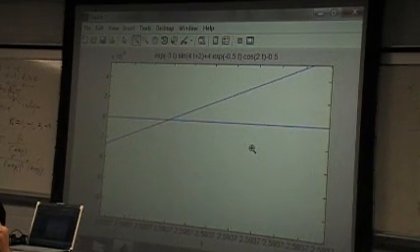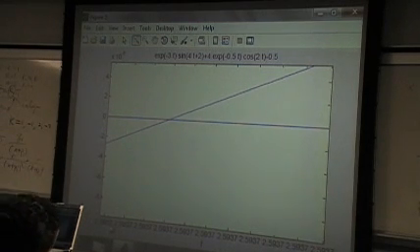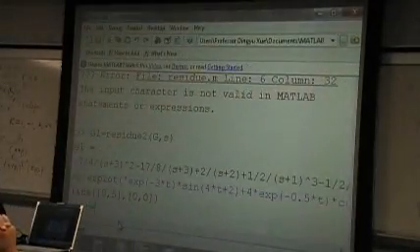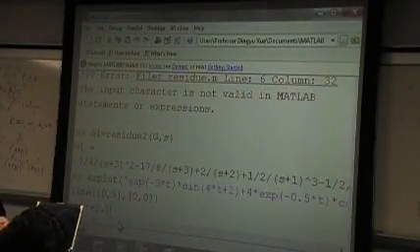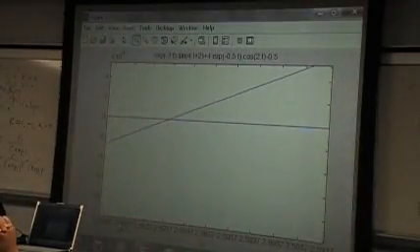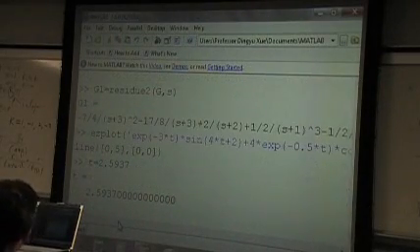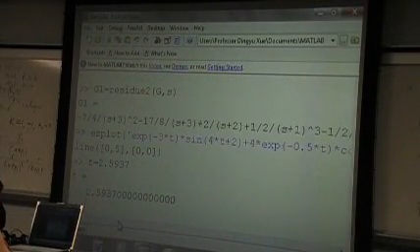Then we say that this point is the numerical solution to the original problem. So 2.5937. So this is the solution we found.